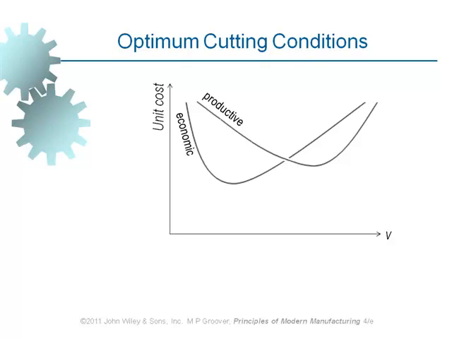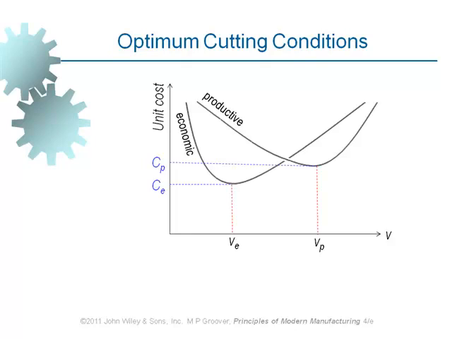The minimum unit cost occurs somewhere here, giving you some value for V. If you are making use of economic machining parameters, the minimum V will be something different, resulting in minimum cost, which is indeed defined as CP, which is minimum unit cost when we are making use of productive machining parameters, or CE, giving us minimum unit cost making use of economic machining parameters.